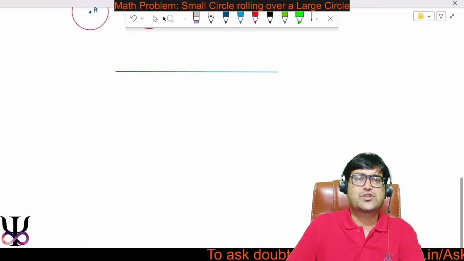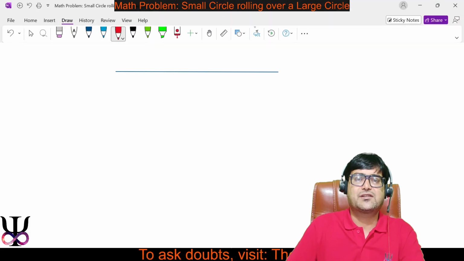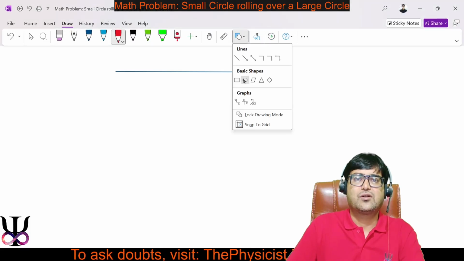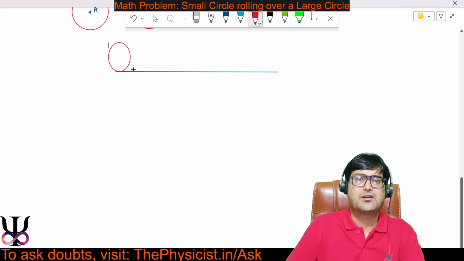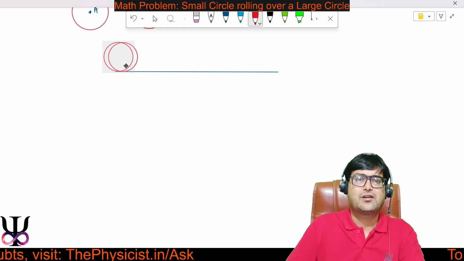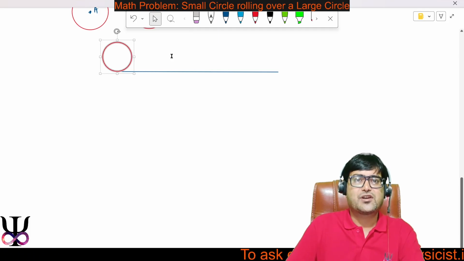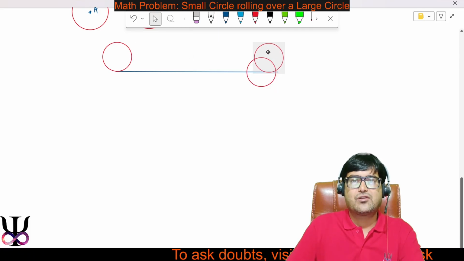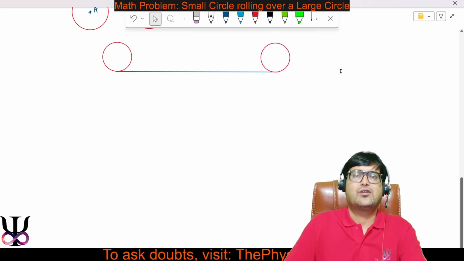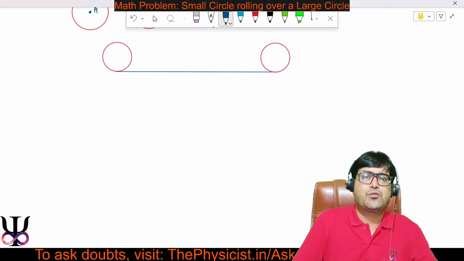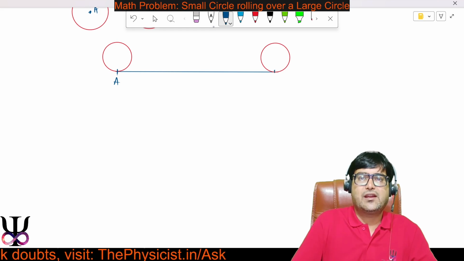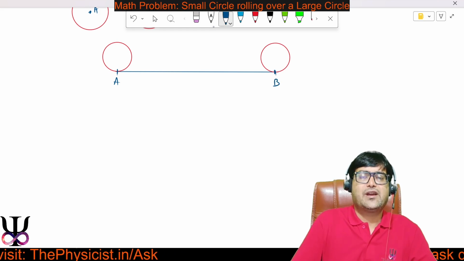And let us suppose I place another circle over it, like this. Now understand. Imagine when the circle rolls from point A to point B.